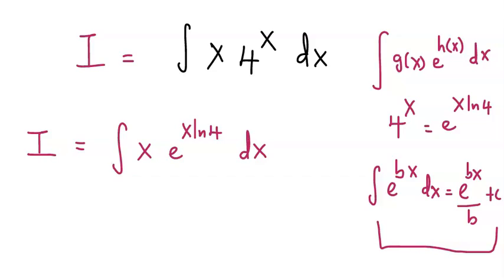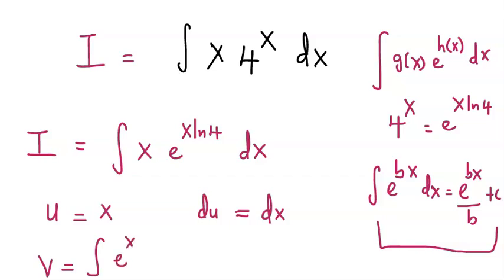Here we're going to let u equal x, of which you know that the derivative will just give us 1 dx, which is just dx. Then what is our v? Our v will be the integral of the other function there, which is e raised to the power of x times the ln of 4 dx.